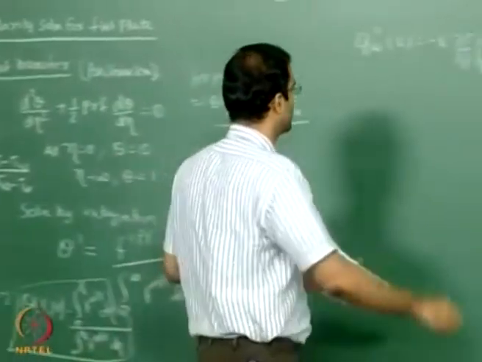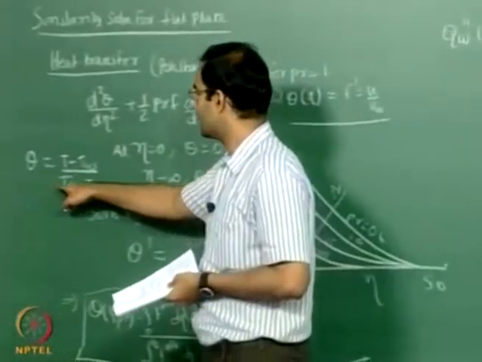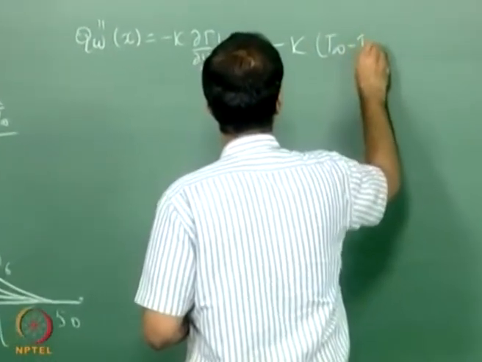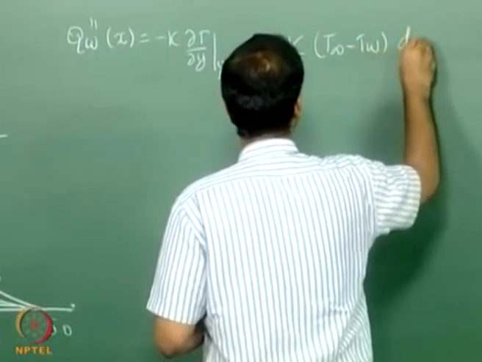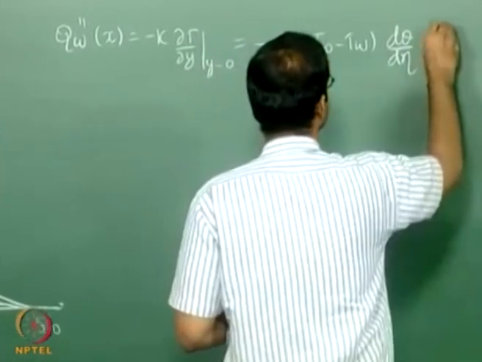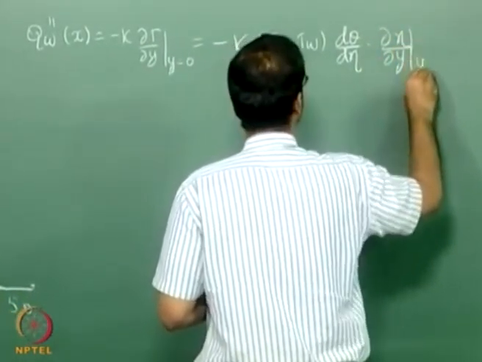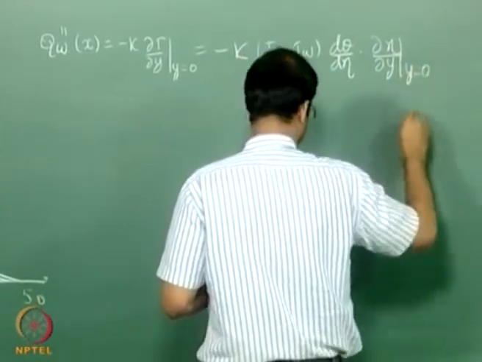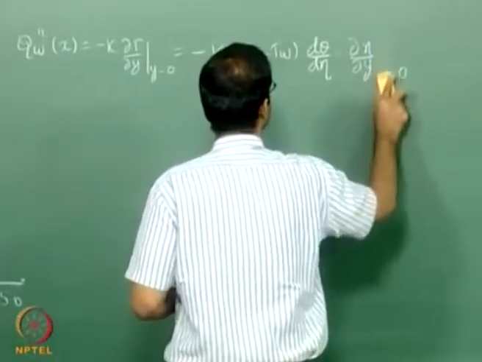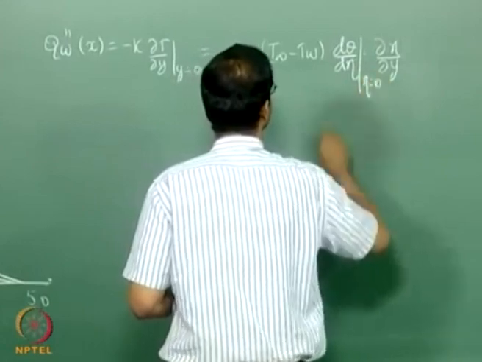So this can be written as minus k, so dT by dy will be d theta, so T infinity minus T wall into d theta by d eta. I am transforming the variables here into d eta by dy at y equal to 0, or in fact I should apply this condition to d theta by d eta at eta equal to 0.